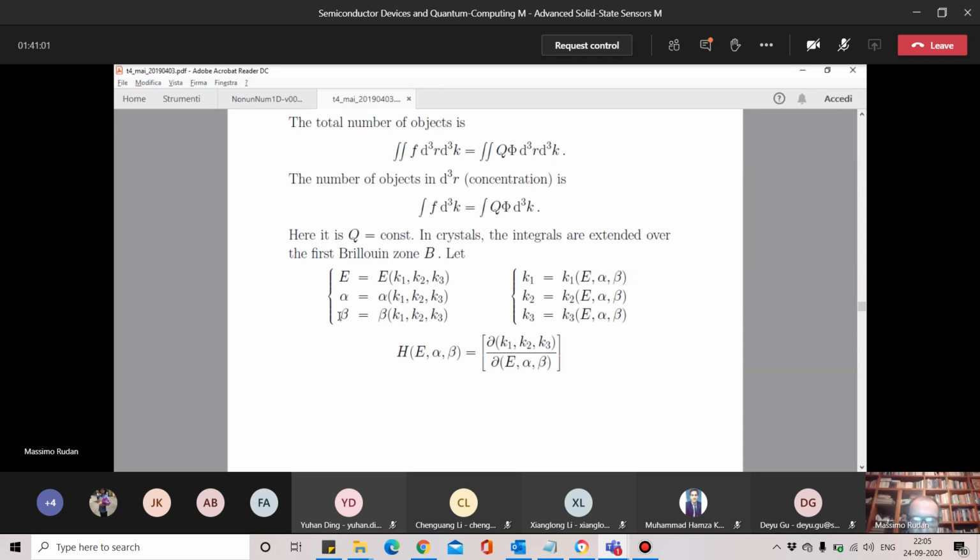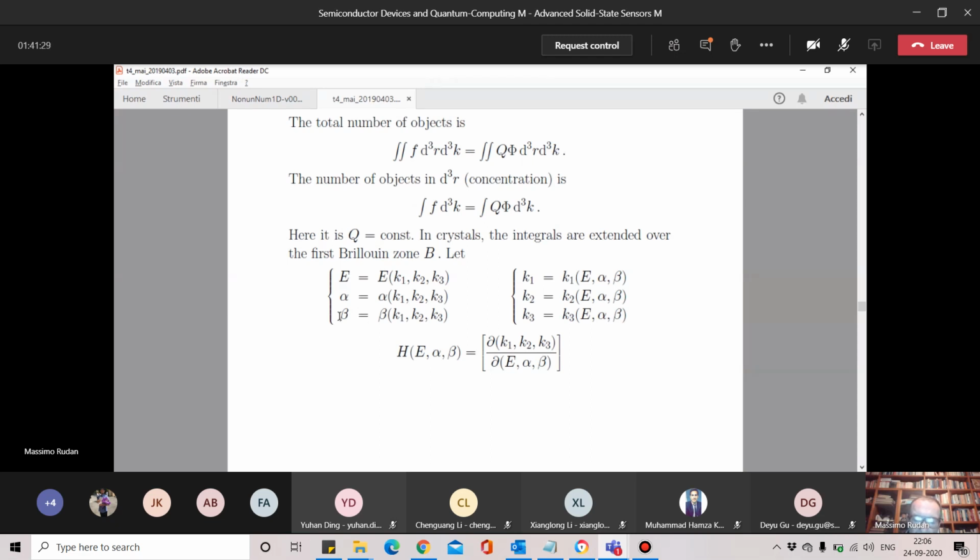In general, the Jacobian is indicated with the symbol J, but since very soon we shall consider the current density that is also indicated with the symbol J, in this case I have been using H. So H is the Jacobian determinant of the transformation.